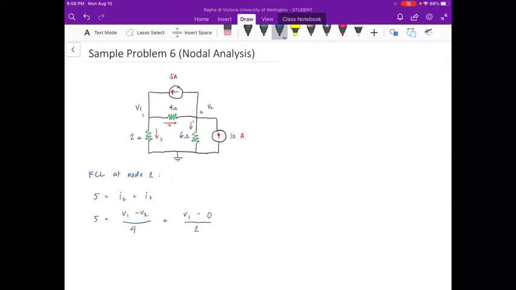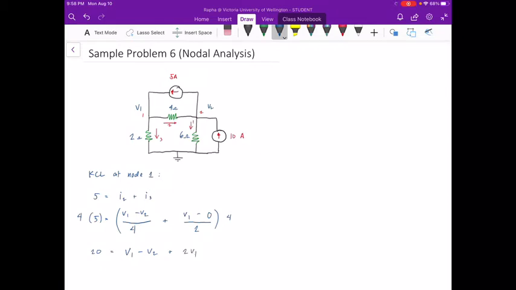To simplify this equation, we need to look for its common multiple. So we will multiply both sides of the equation by 4, and we have 20 is equal to V1 minus V2 plus 4 divided by 2, that leaves us with 2V1.